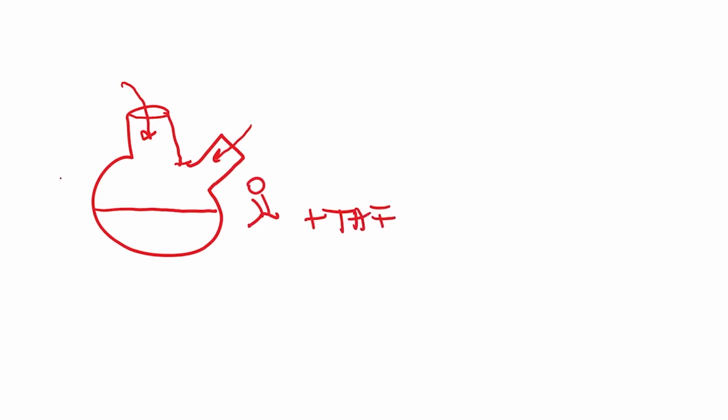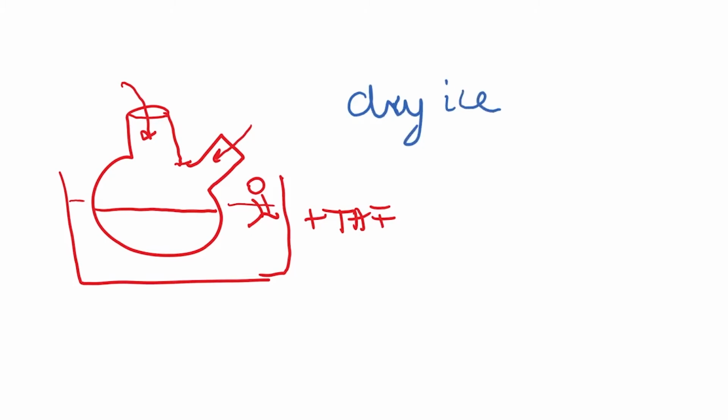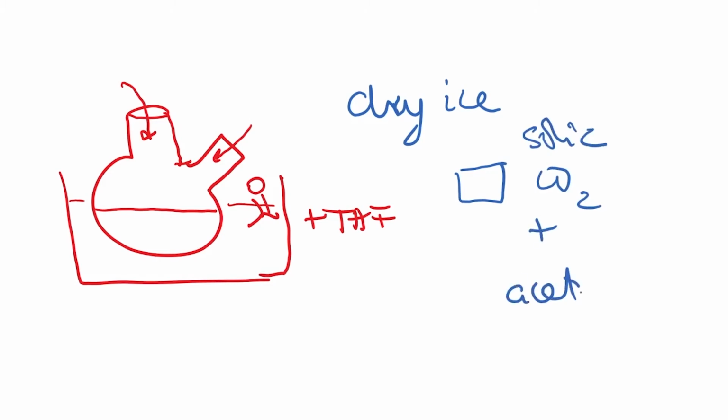Okay, now what you do is you keep it in a trough which contains dry ice and acetone. So dry ice is basically you get these chunks of dry ice, which is solid CO2.